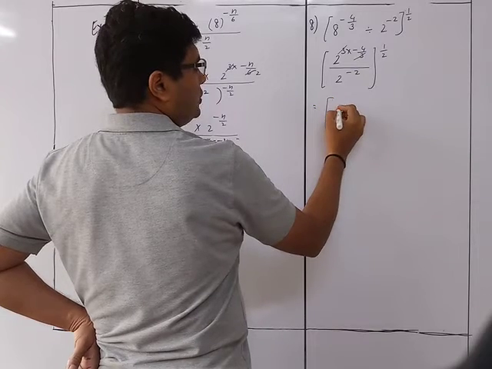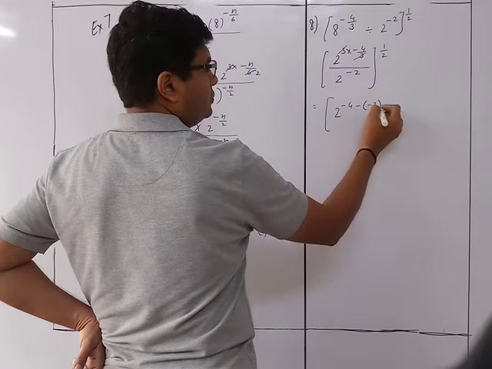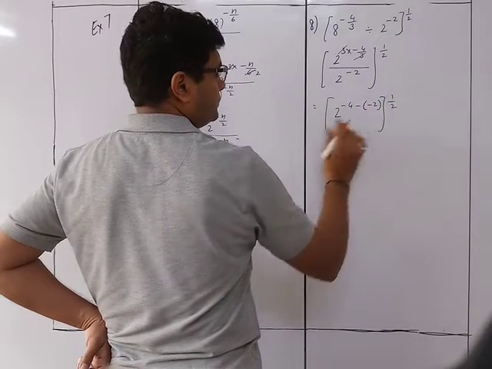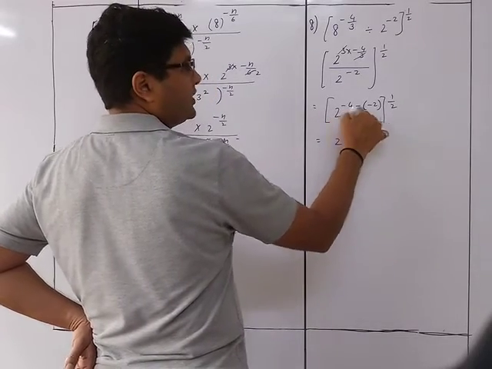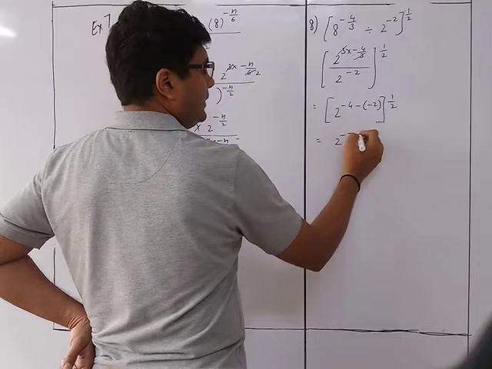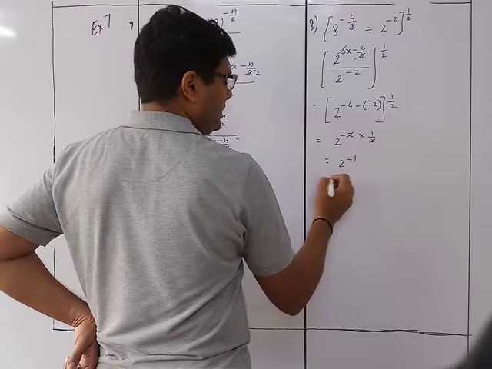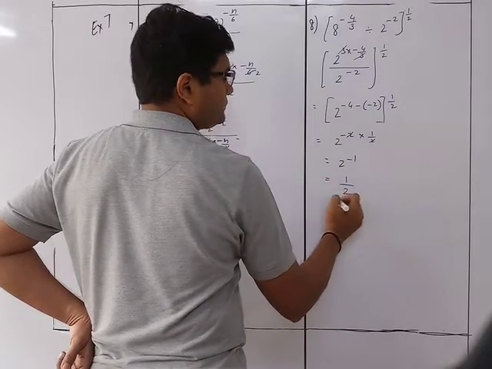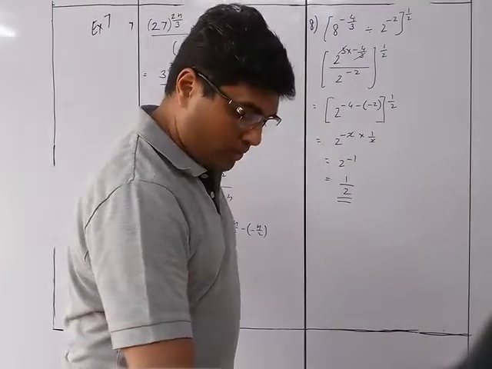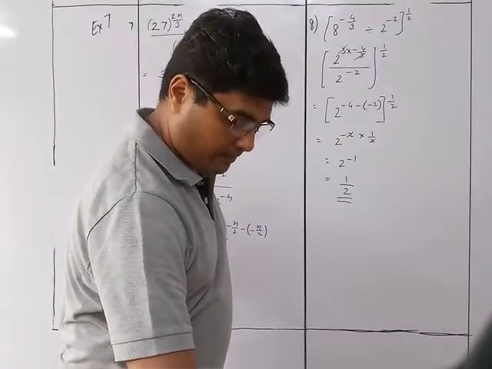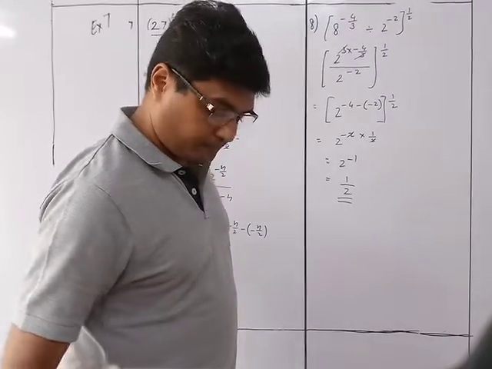Now I got over here 2 raised to minus 4, and this division, so it is minus of minus 2 and whole raised to 1 upon 2. So that gives me 2 raised to minus 4 plus 2 is minus 2 into 1 upon 2. So 2 gets cancelled, it is 2 raised to minus 1. So answer is 1 upon 2. That's the answer. That is 1 upon 2 as the final answer. That was sum number 8, 1 upon 2.